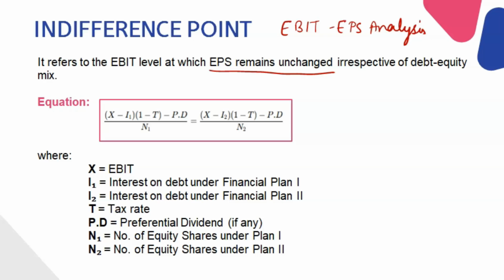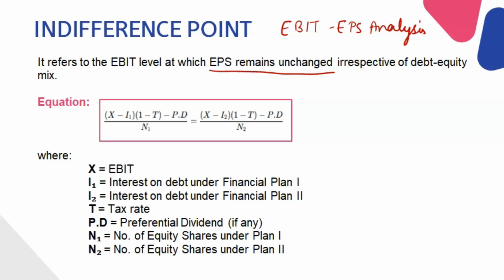Suppose we are taking different types of capital structure: equity, debts, a mix of equity and debts, a mix of equity shares and preference shares, or all three: equity, preference and debt. By taking each and every alternative, we calculate its effect on EPS, and the one which is giving us the highest EPS should be selected. In every alternative the EPS will be different.